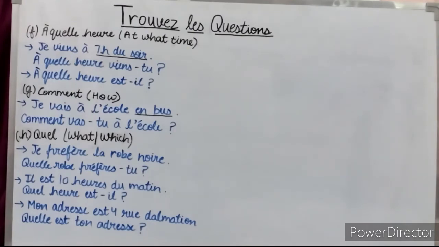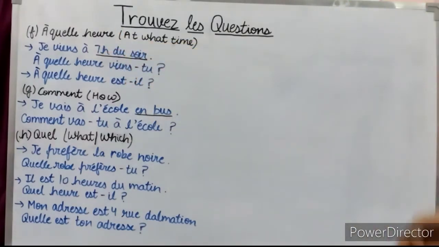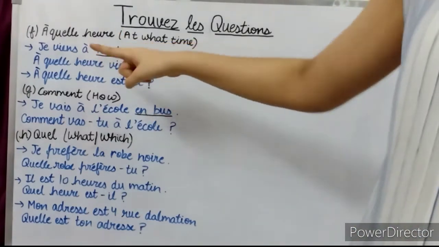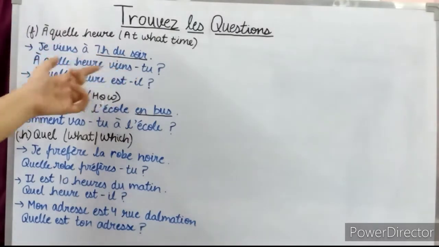So I come at 7 p.m. in the evening. Here the specific time is mentioned, which is 7 p.m. So we can use à quelle heure in this question. À quelle heure viens-tu? At what time do you come?